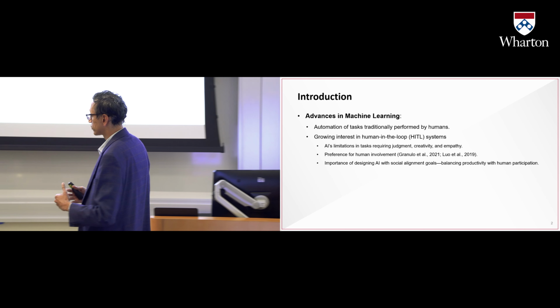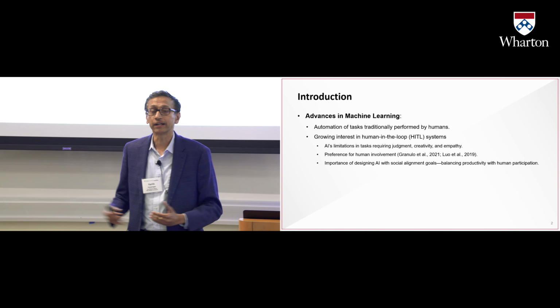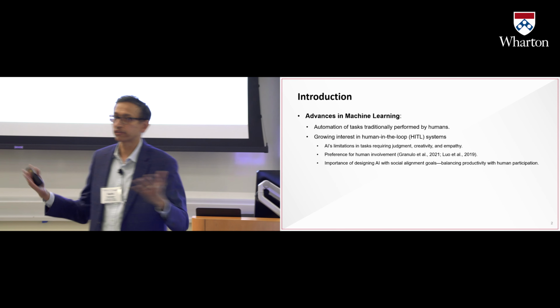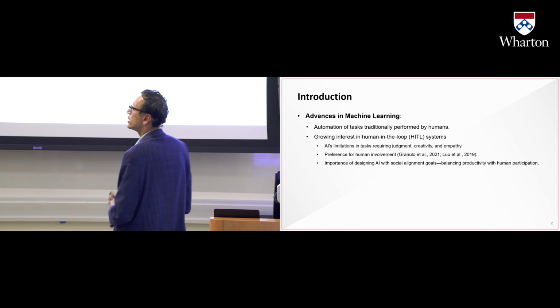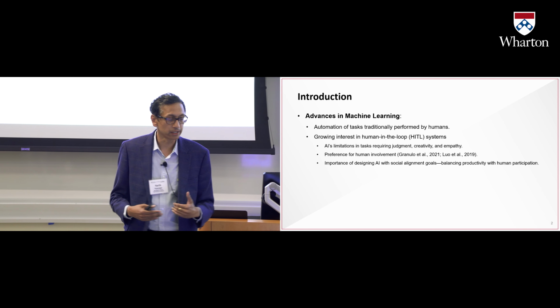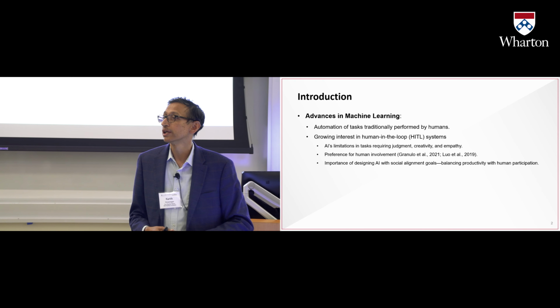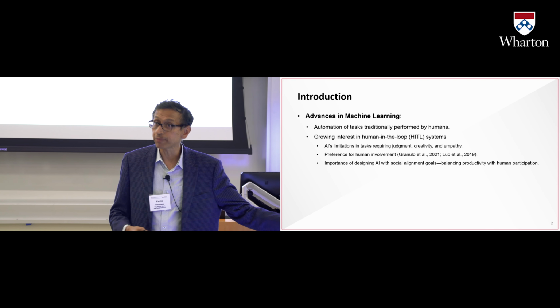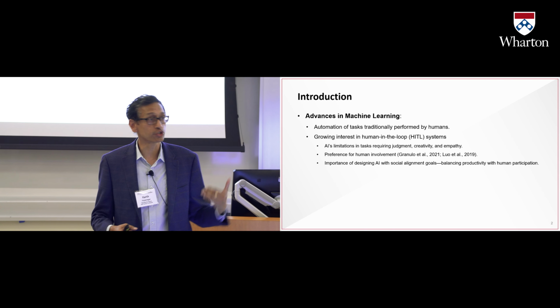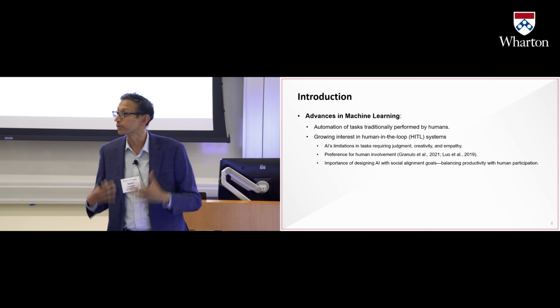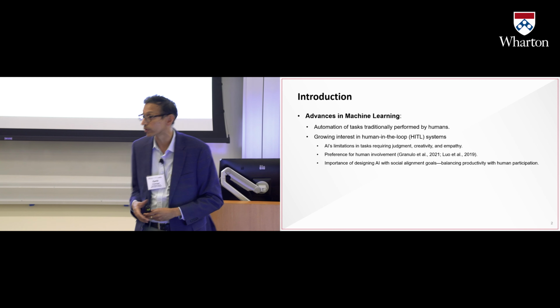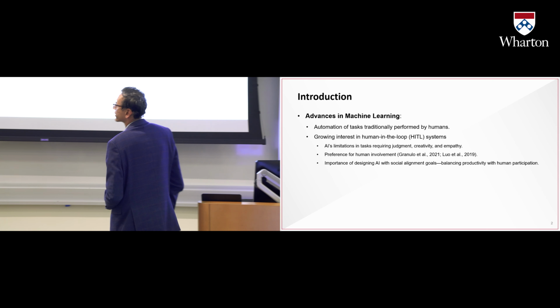One, there are still very many tasks, such as those that involve judgment or creativity or empathy, where AI is not able to match humans. Even in situations where AI can match humans, research shows that people prefer services and products with humans in the loop rather than AI alone, especially, say, in healthcare and other settings.